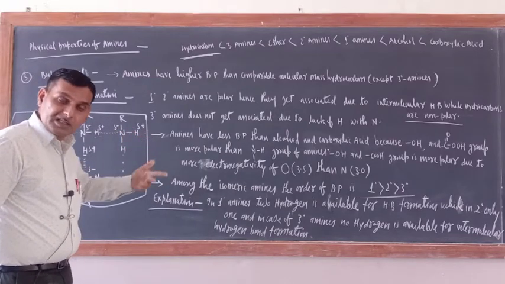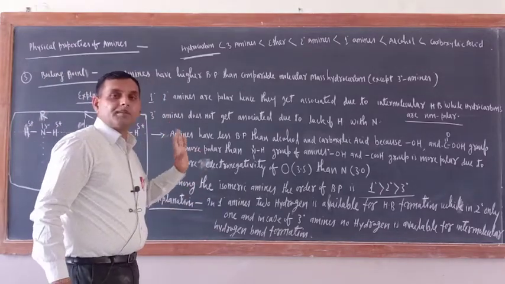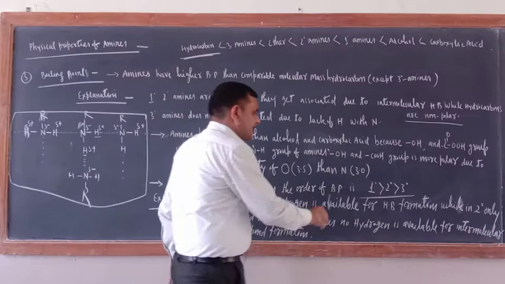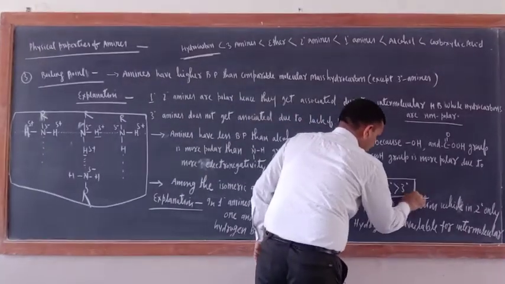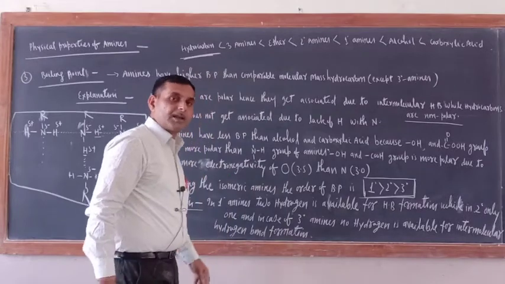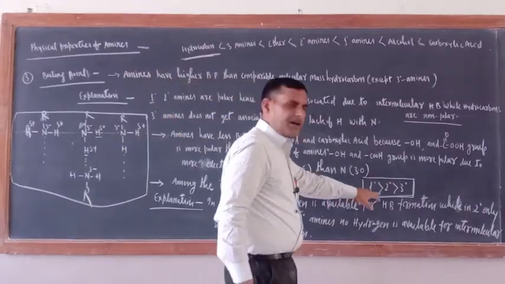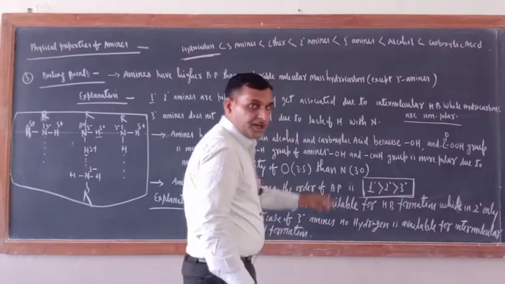In 3 degree case, what is there? No hydrogen is available for intermolecular hydrogen bonding. That is why this is the order among the 1 degree, 2 degree, 3 degree amines as far as boiling point is concerned. This is the order of boiling point of 1 degree, 2 degree and 3 degree amines.